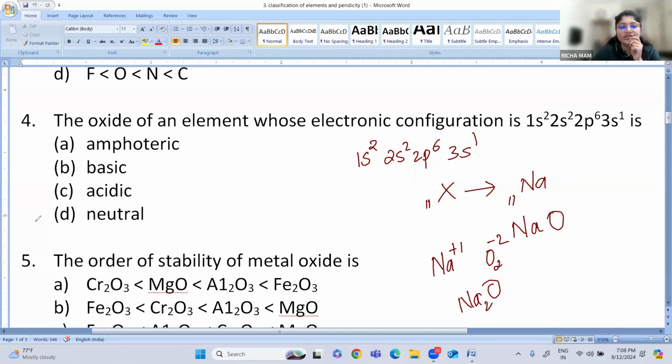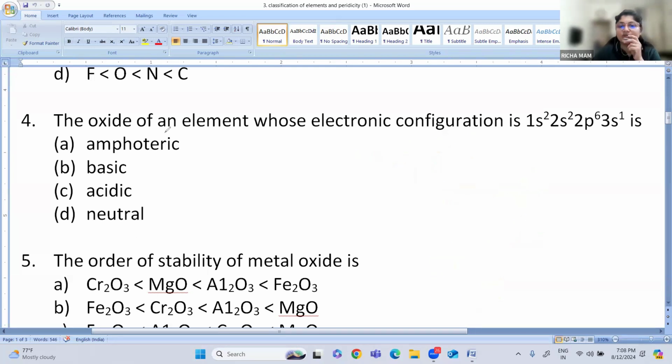They have asked about the oxide of this element: is it amphoteric, basic, acidic, or neutral in nature? Acidic means pH below 7, and basic means pH above 7.